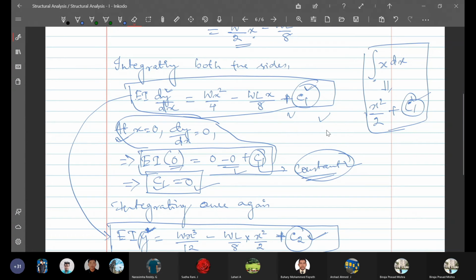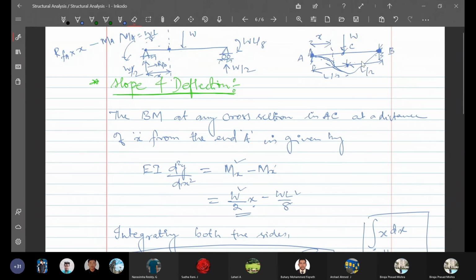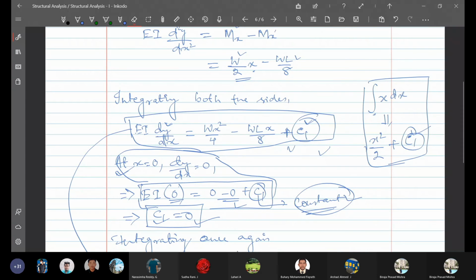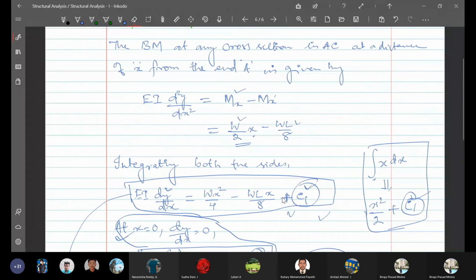If that is creating confusion, you can forget this condition, no issue. Because we are taking the section here in between AC, we can only consider that for AC, C1 will be 0.